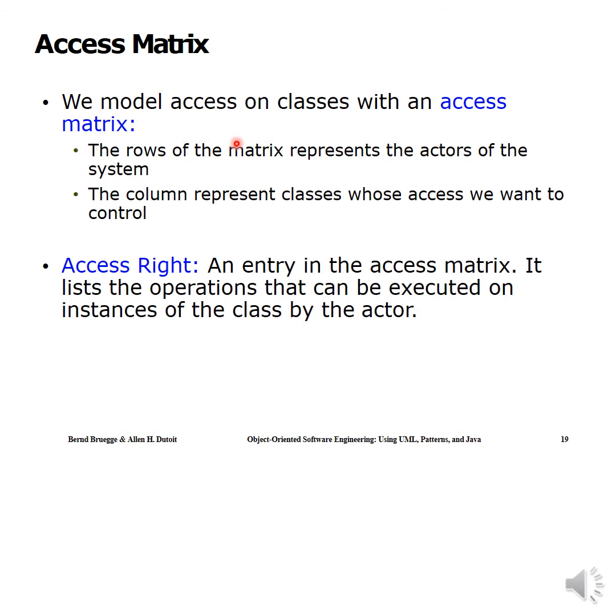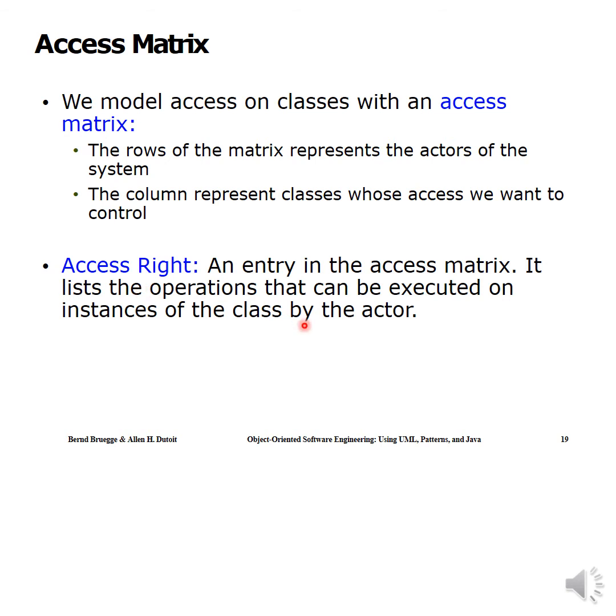We model access on classes with an access matrix. In the access matrix, the rows represent the actors of the system, and the columns represent the classes whose access we want to control. And what is an access right? It is an entry in the access matrix.